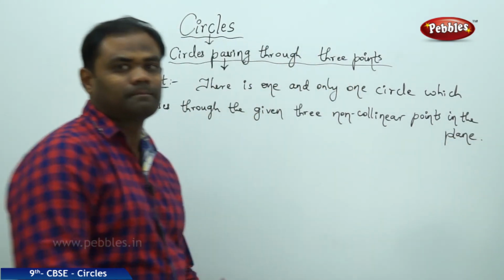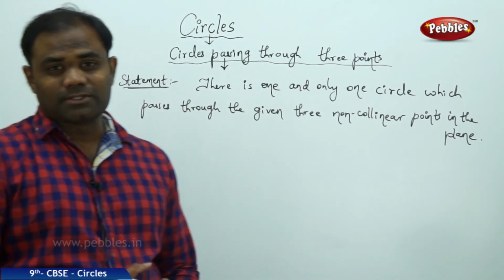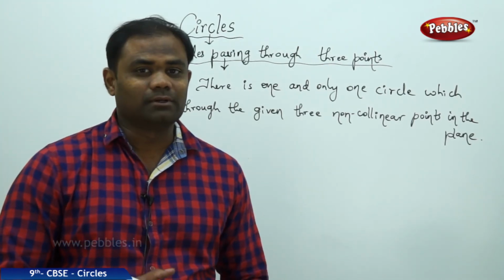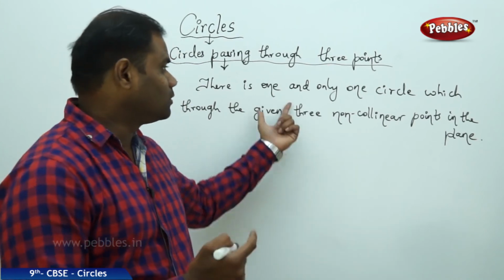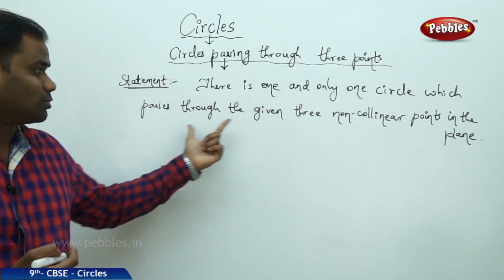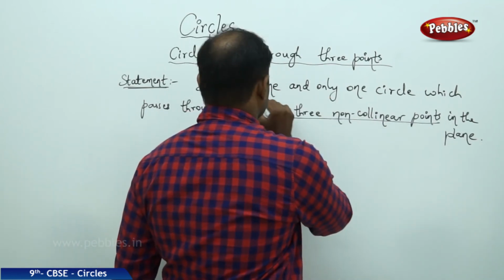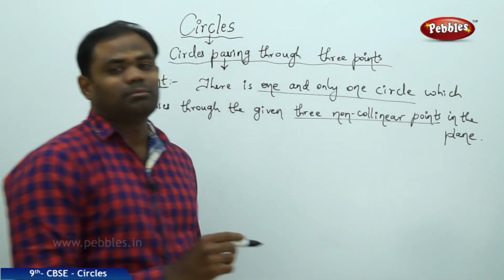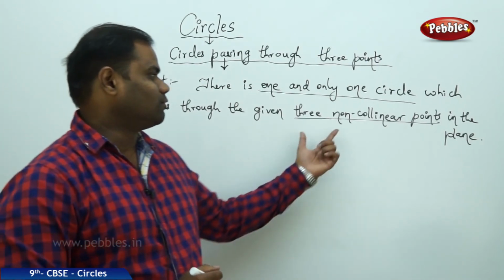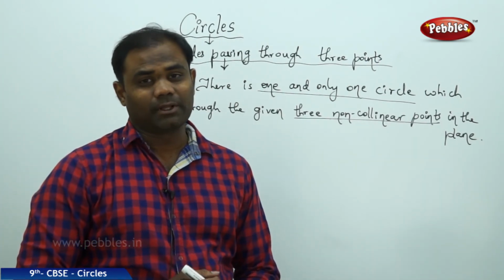points in the plane. So here the property is restricted to a finite number. That is, there is one and only one circle which can pass through the given three non-collinear points in the plane. The condition is for non-collinear points taken in the plane.